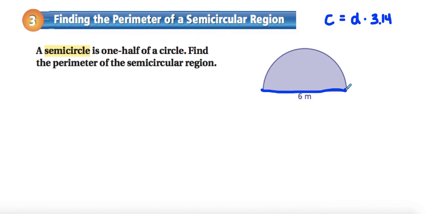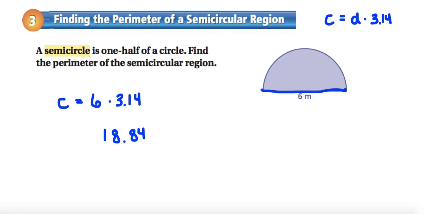So I'm going to start by filling in my equation. 6 times 3.14. When I multiply these two values together, I get an answer of 18.84.